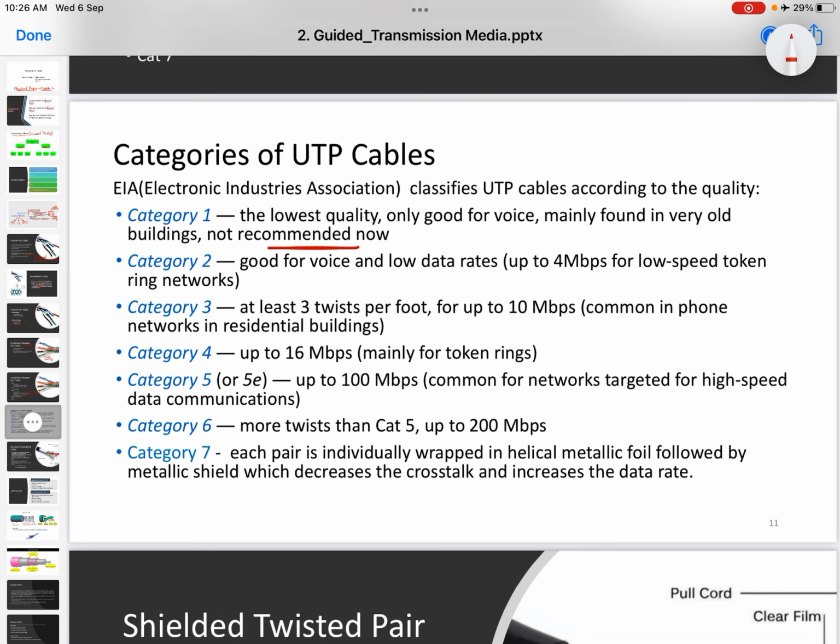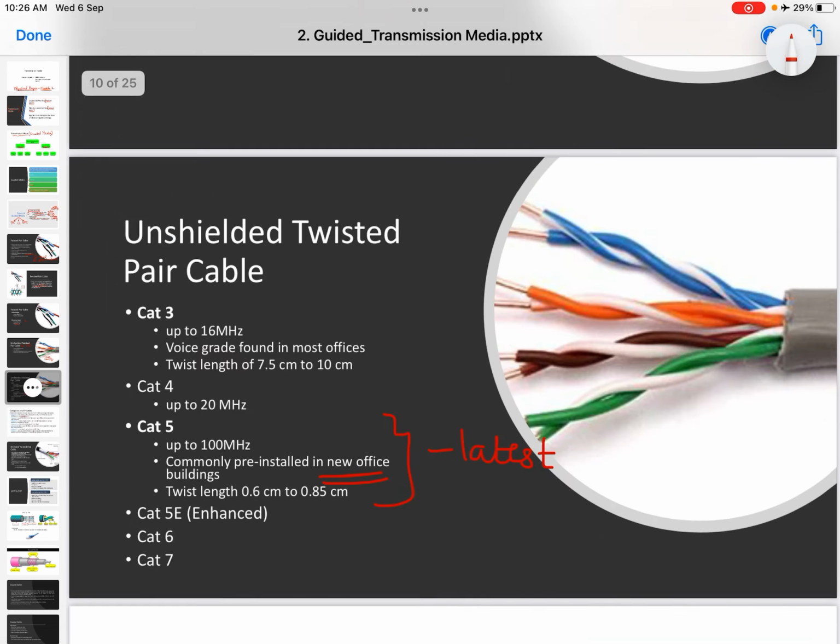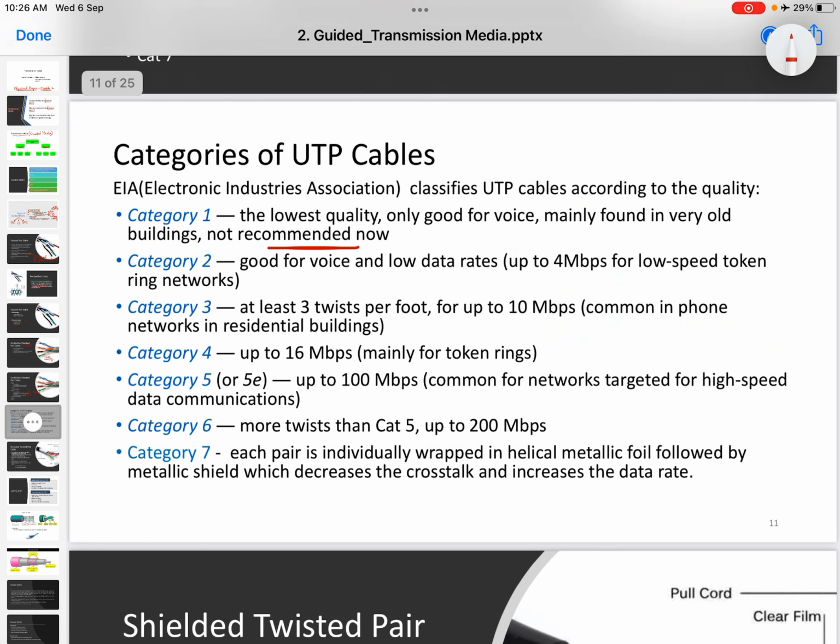Category 2 is good for voice and low data rates up to 4 Mbps for low speed token ring networks. Category 3 has at least 3 twists per foot for up to 10 Mbps, common in phone networks in residential buildings.